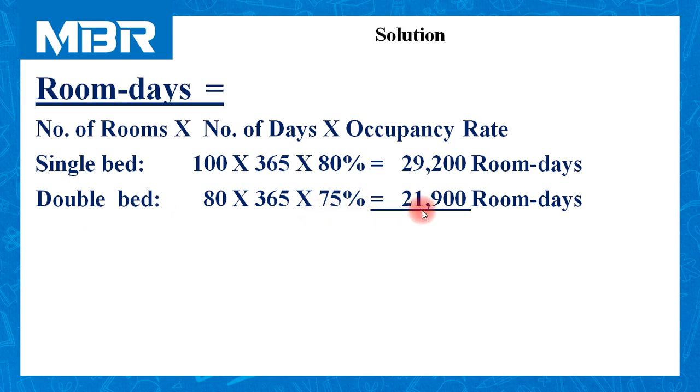So room days are 21,900. Room days for single bed 29,200. Room days for double bed 21,900. So total room days for the hotel 51,100.